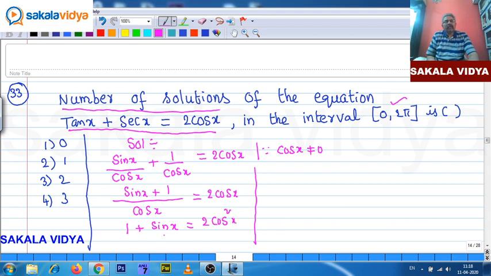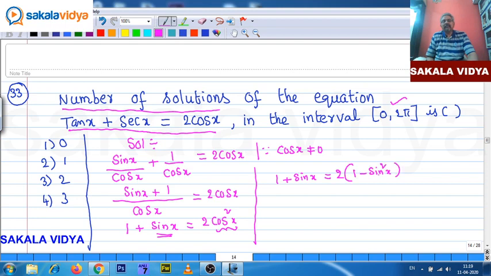As we have sin x, it cannot be written in terms of cos, whereas cos square x we can simply convert into sin. So let us convert this. 1 plus sin x equals 2 times 1 minus sin square x.